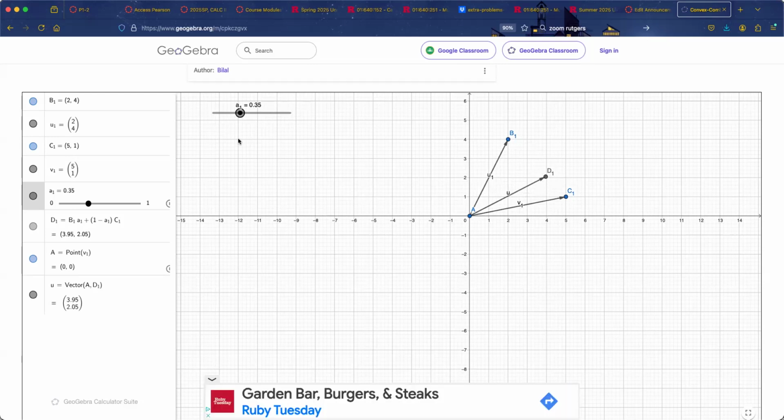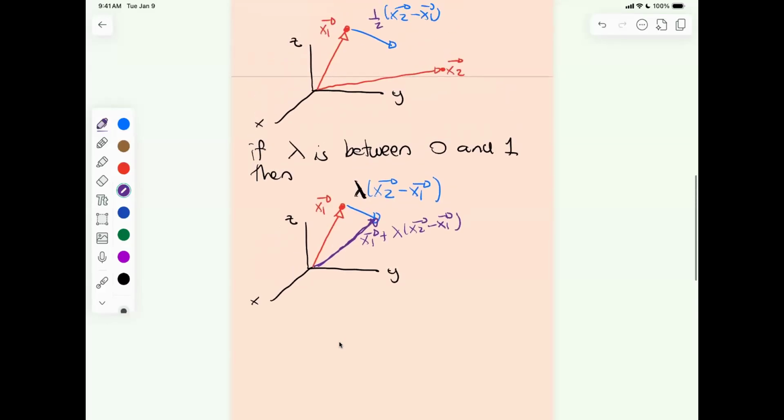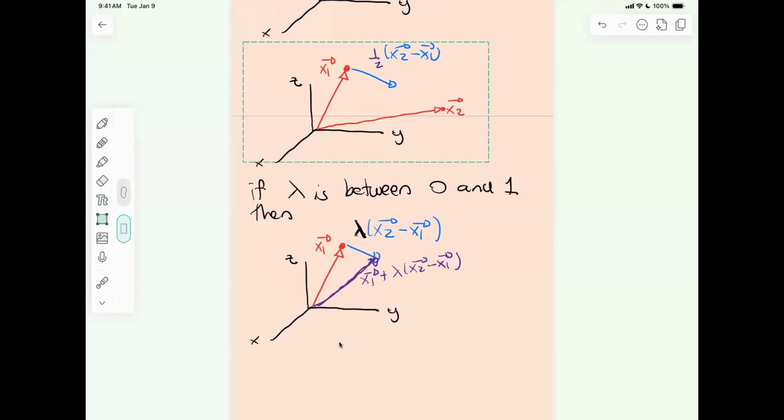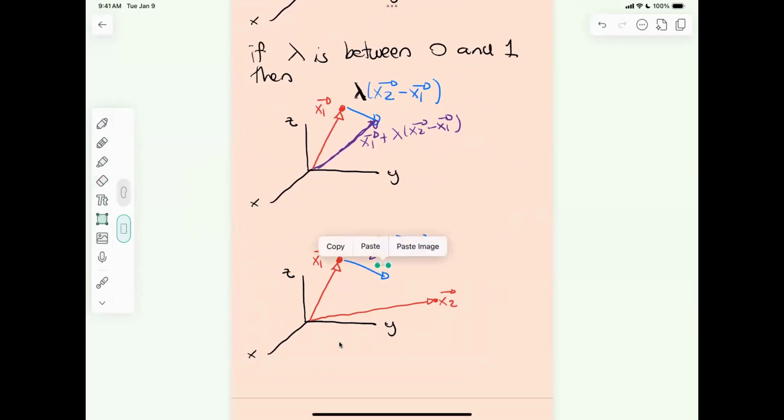Let me write it on the board. So what I'm saying is that there is this segment between these 2 points, or the endpoints of the vectors, if you prefer to think about it in that case.